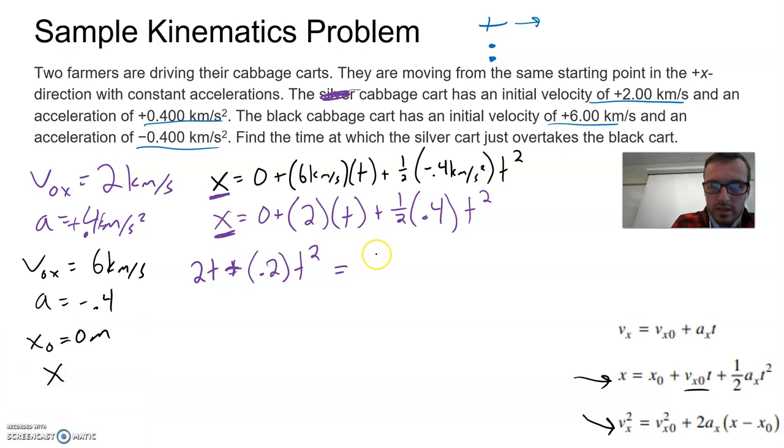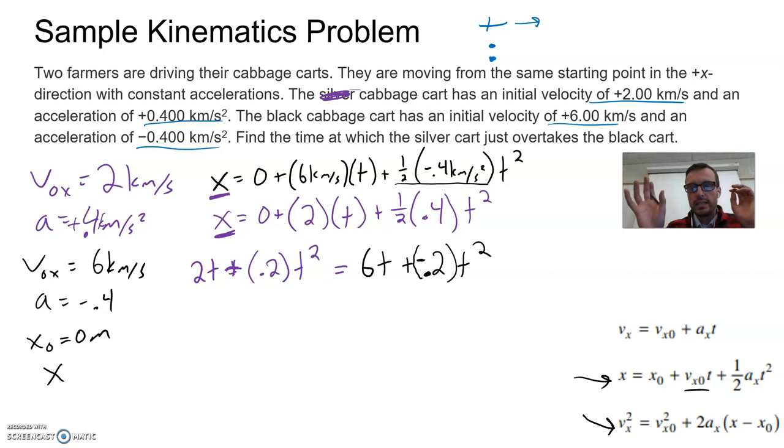The other one says 6t plus, and I'm coming from here, half of negative 0.4, which is negative 0.2 t squared. What I just did is set the black equation equal to the purple equation, because they were both equal to x, and we defined the final position of both carts as the same x.